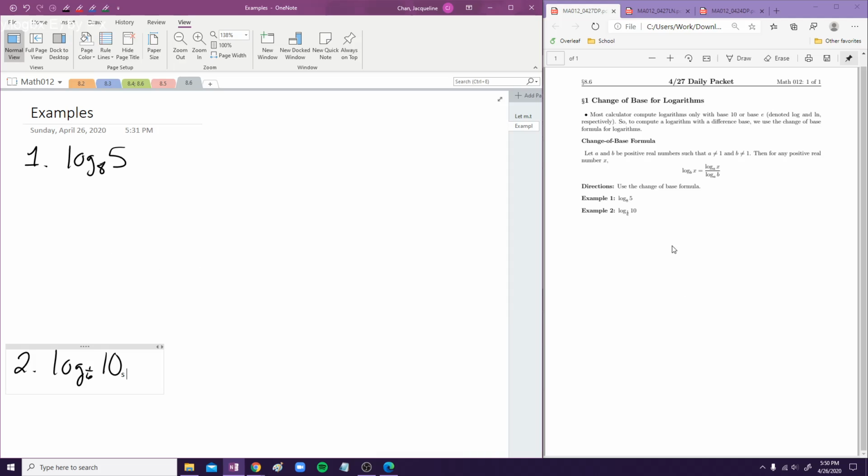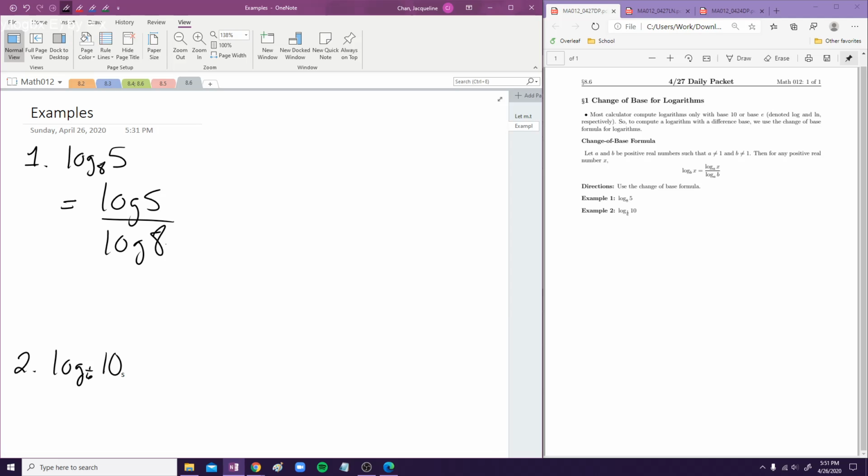Okay? So now, let's do some examples. Example 1: we want to use the change of base formula for log base 8 of 5. One thing for me, I just remembered, the bigger number gets divided first. So we can just say log of 5 divided by log of 8, and then our a is 10.